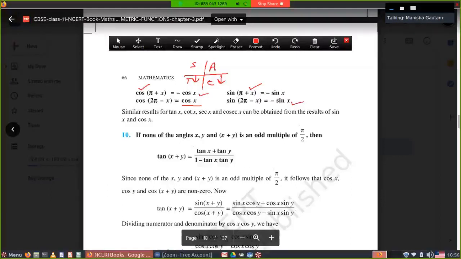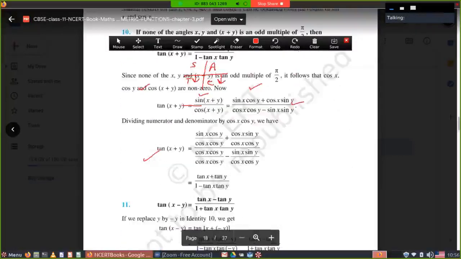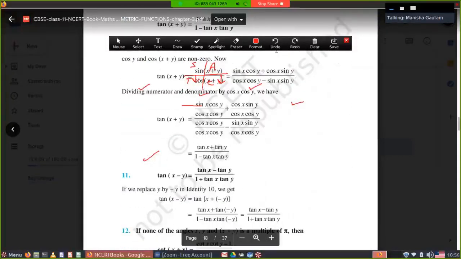Now identity number 10: tangent x plus y is equal to tangent x plus tangent y upon 1 minus tangent x into tangent y. Tangent x minus y is tangent x minus tangent y upon 1 plus tangent x into tangent y.